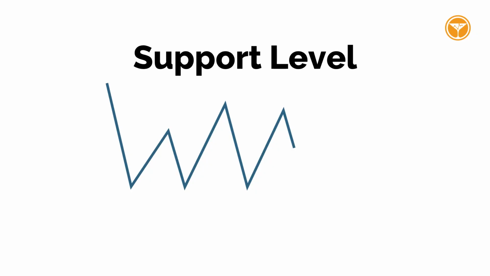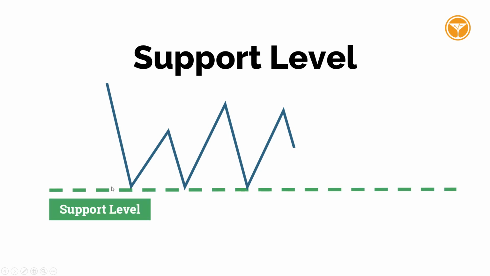So we'll move on to the first slide, and we're going to look at what a support level is. As we can see from the line chart on the screen, we've got three touches of what potentially could be a support zone. Once we see two touches of a similar area, now of course it's not always going to look exactly as it does on the chart, so we do have to take into consideration that price might be slightly above or below the previous level.